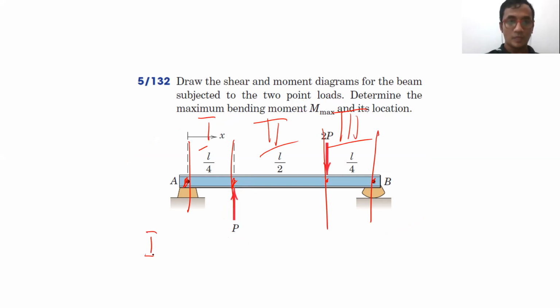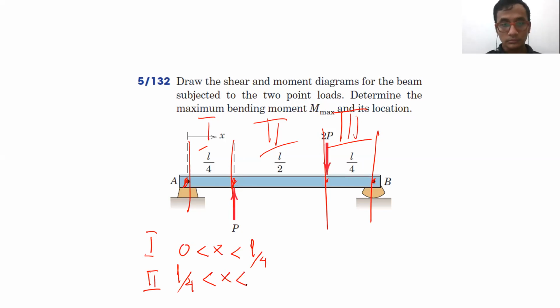So the first equation is supposed to work for x from 0 to L/4. And the second one is supposed to work from x equal to L/4 to 3L/4. Why 3L/4?